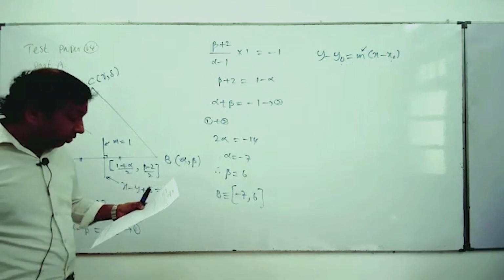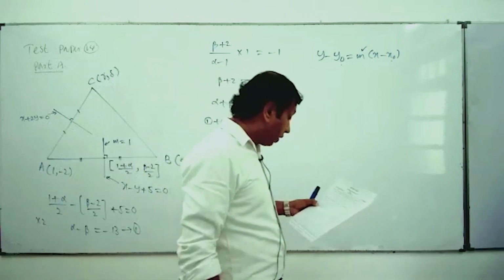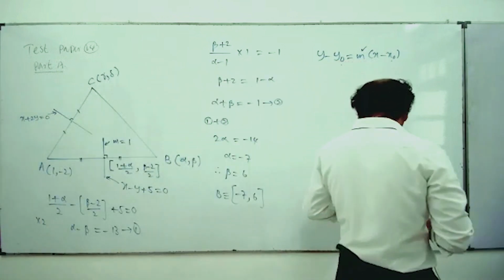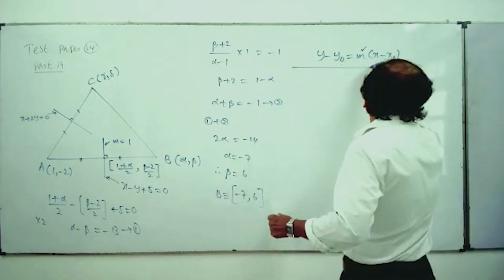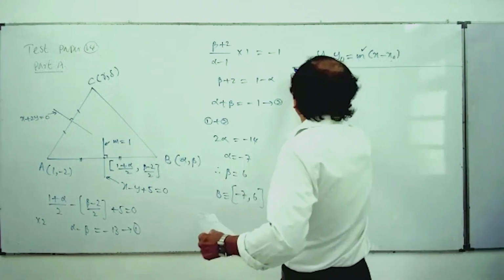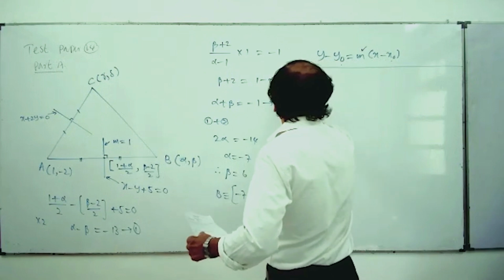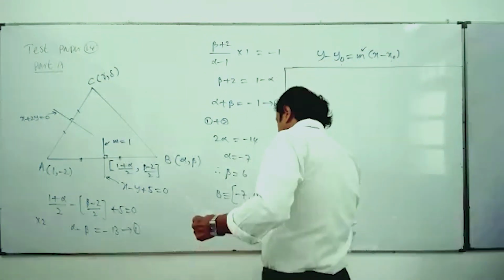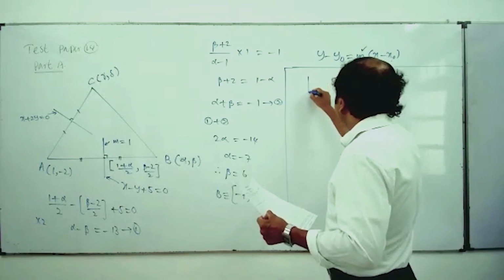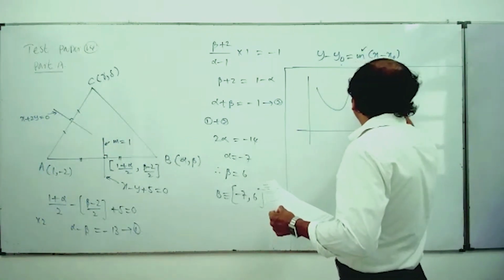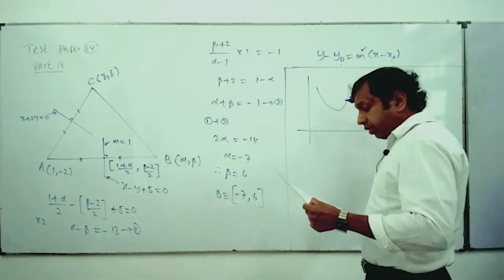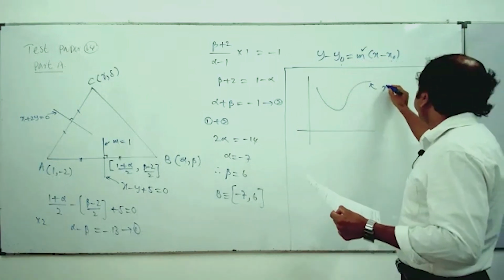Find the equation of the normal drawn to the curve given by the parametric equation. Suppose this is our graph, the equation given parametrically.